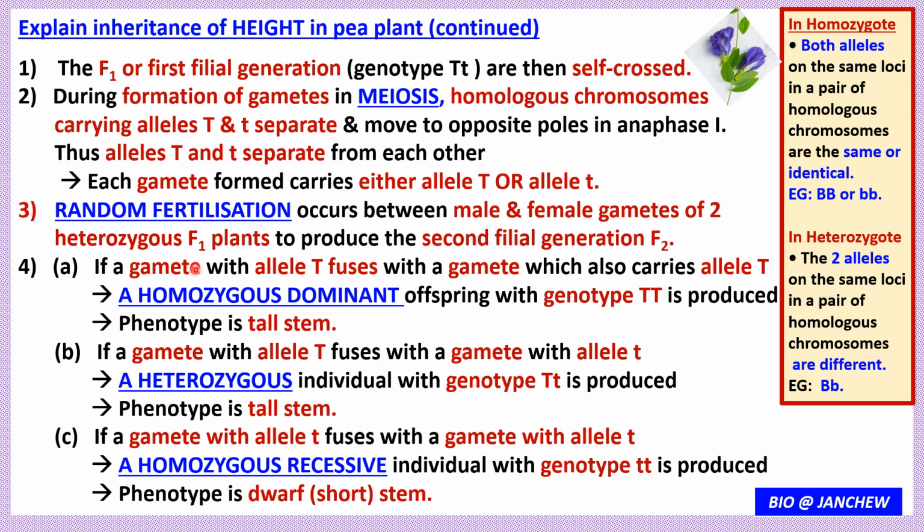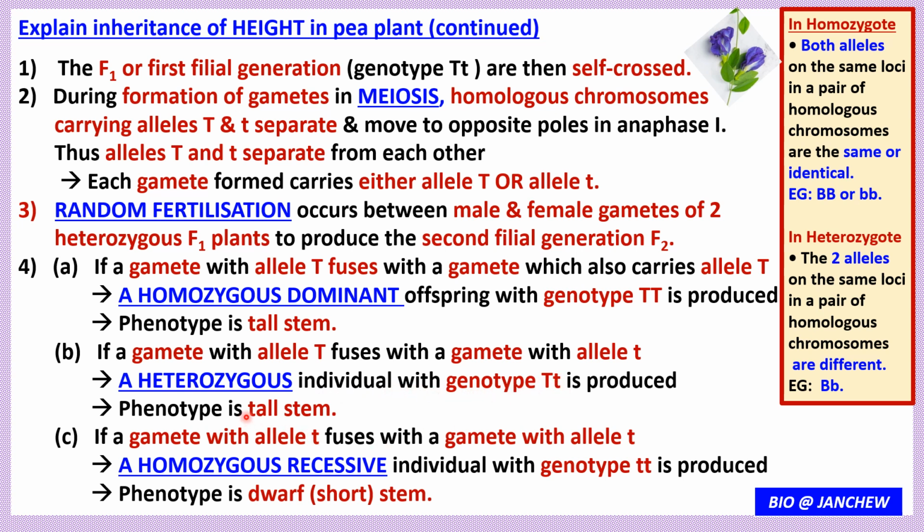Now, if a gamete with allele big T fuses with a gamete which carries allele big T too, then a homozygous dominant offspring with genotype big T big T is produced, and its phenotype or observable characteristic is tall stem. But if a gamete with allele big T fuses with a gamete with allele small t, then a heterozygous individual will be formed with genotype big T small t.